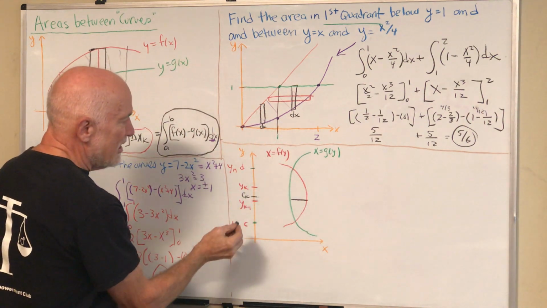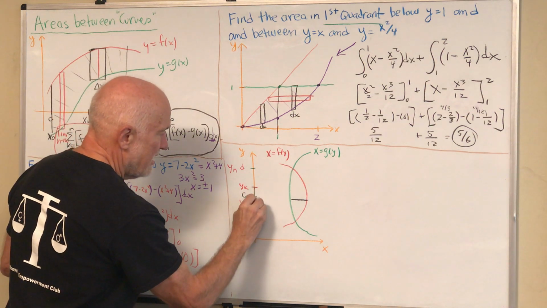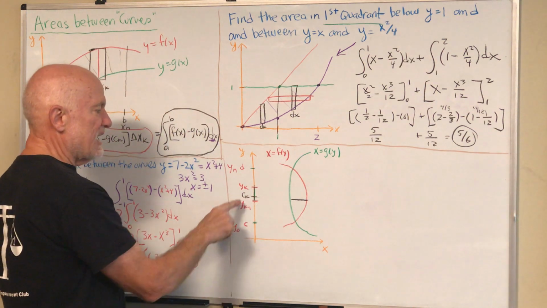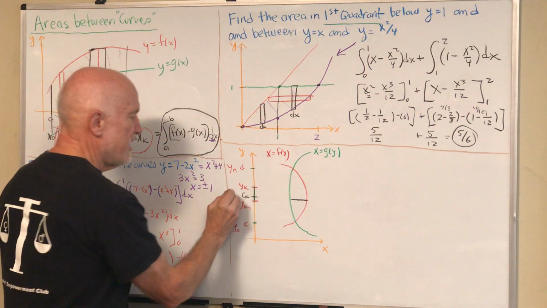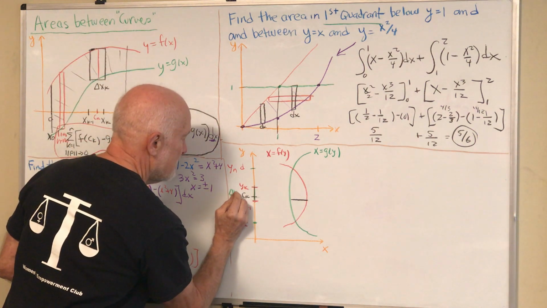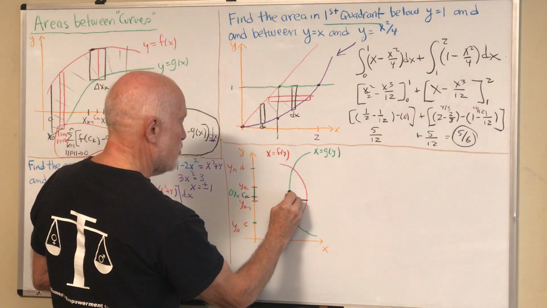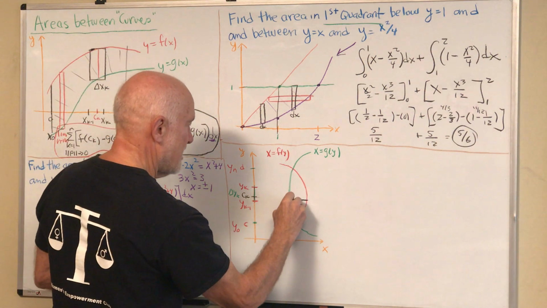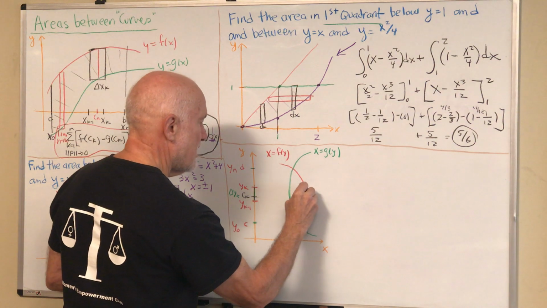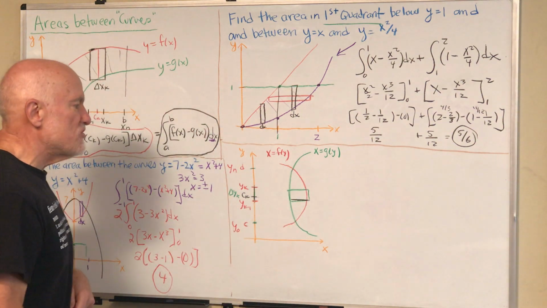And I can still make a rectangle. I can call the distance from here to here delta y sub k, and use that and make a little rectangle in that direction.